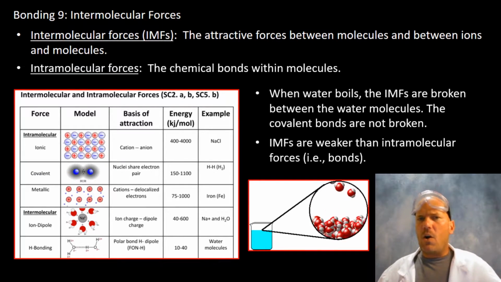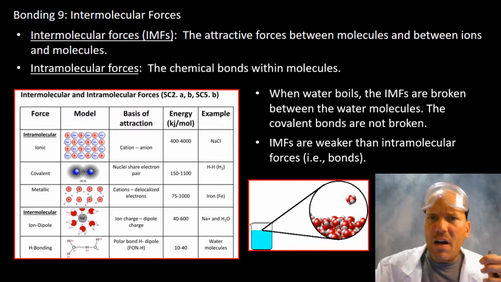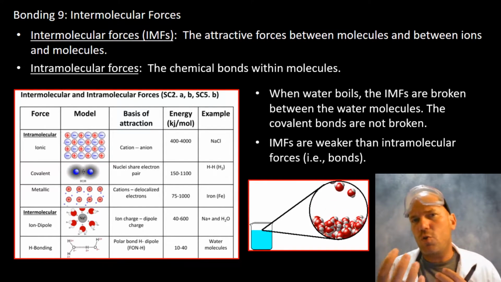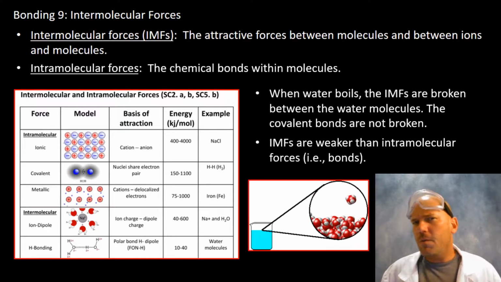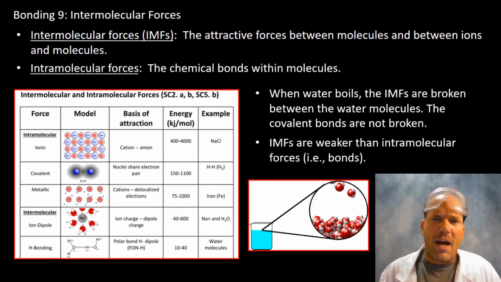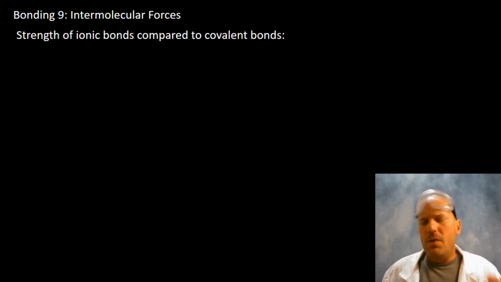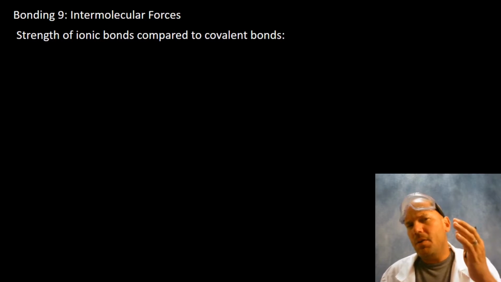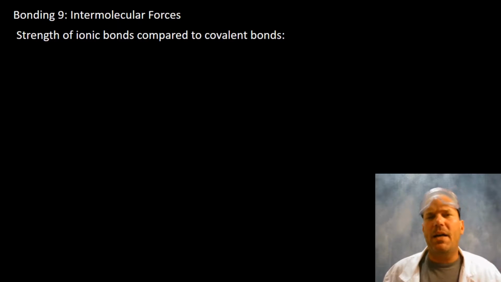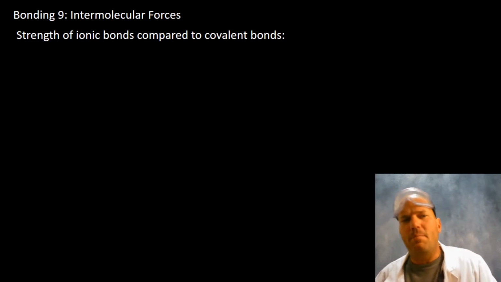Intermolecular forces are between and among molecules, whereas intramolecular, we're referring to within a molecule, which would be the chemical bonds. So let's go ahead and compare the strength of an ionic bond compared to a covalent bond.